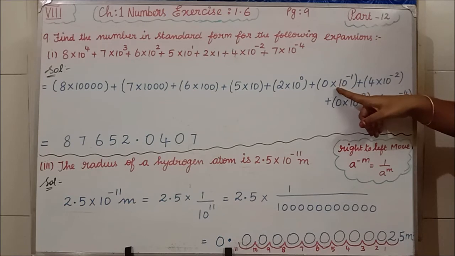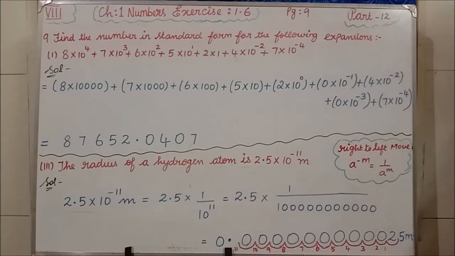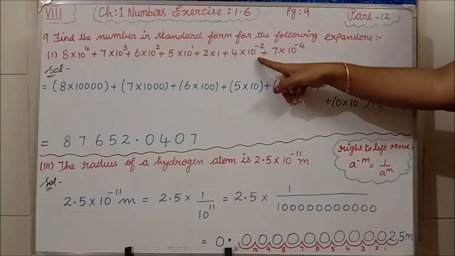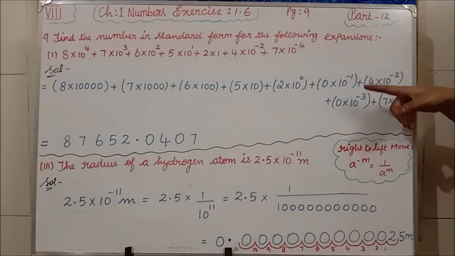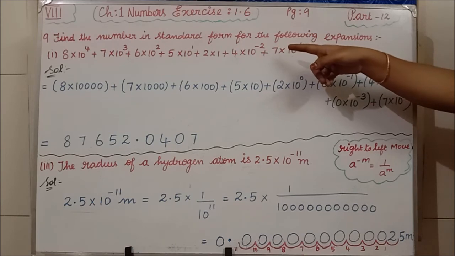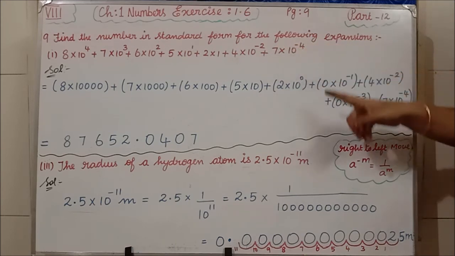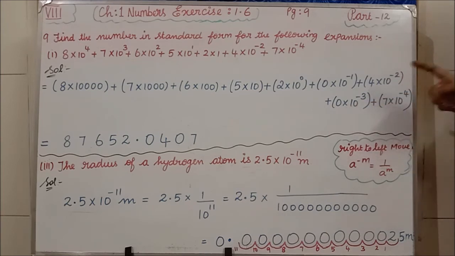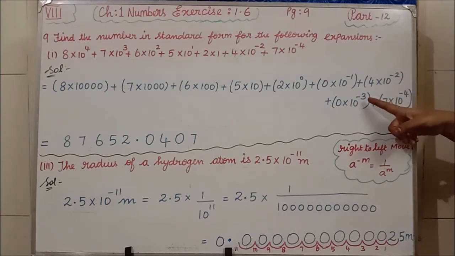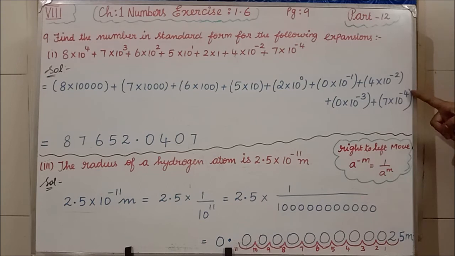So 0 into 10 power minus 1 plus 4 into 10 power minus 2 plus then after minus 2 what has to come? 10 power minus 3. So that is not given. So 0 into 10 power minus 3 plus after minus 3 what has to come? Minus 4. That they have given 7 into 10 power minus 4. Clear how I am writing this?